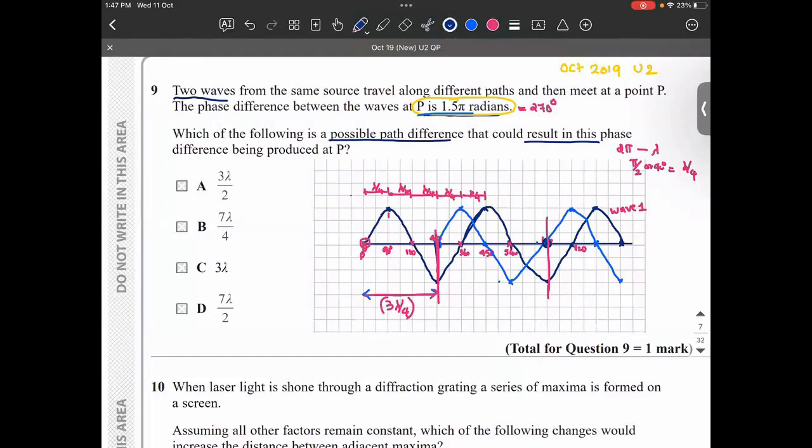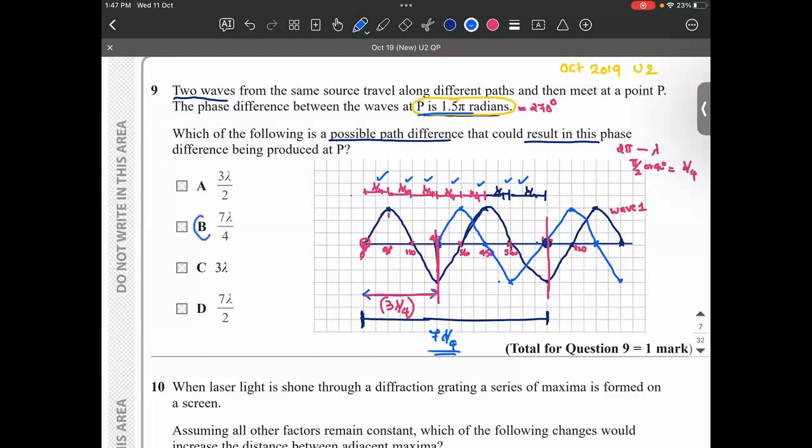So how will you find the path difference? You find the distance between this point and this point. So here we have again lambda by 4, again lambda by 4. So how many lambda by 4s are there? 1, 2, 3, 4, 5, 6, 7. So the next path difference is 7 lambda by 4.